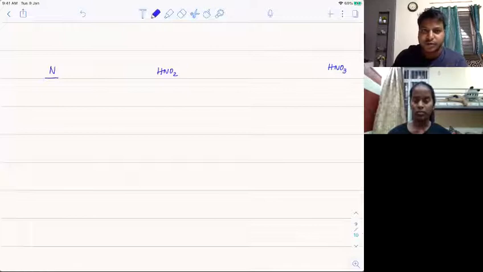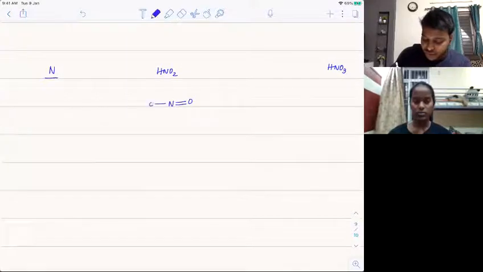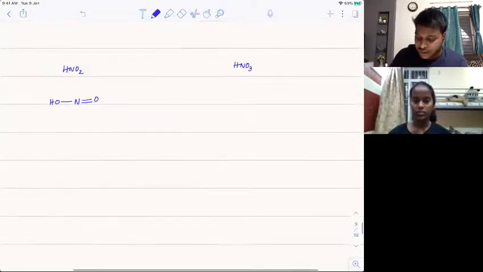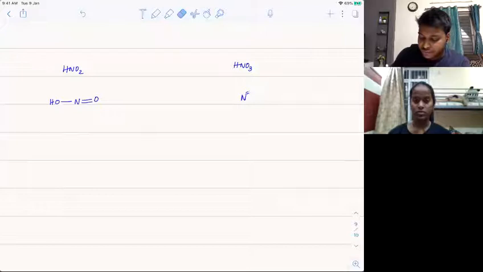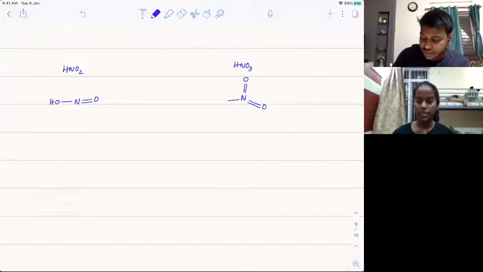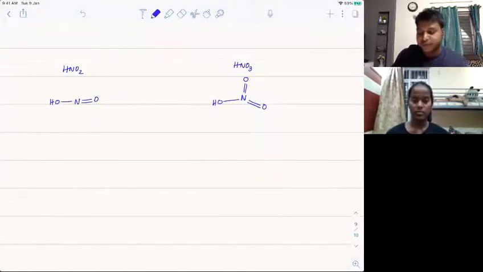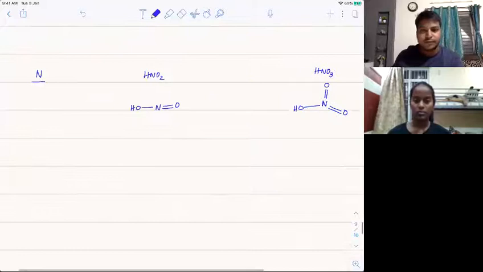Don't worry about how the structure came. So HNO2 is N double bond O and OH. While HNO3 is N double bond O and double bond O, and then another OH this way.